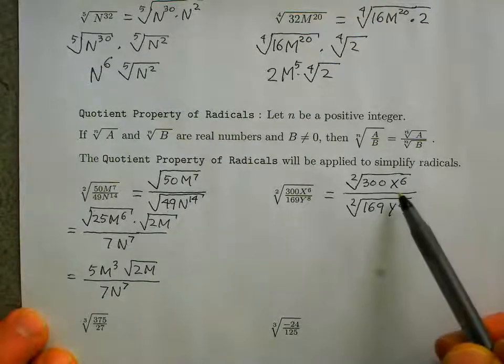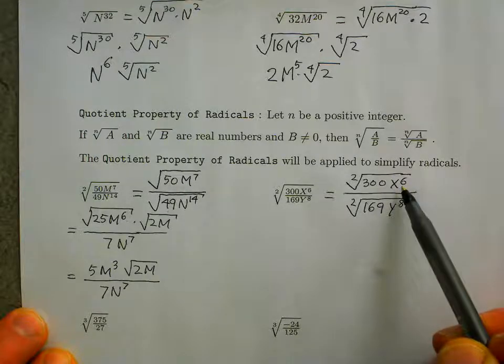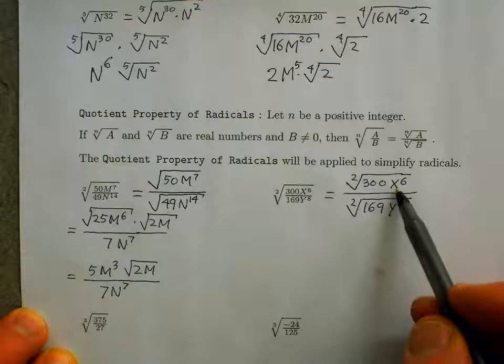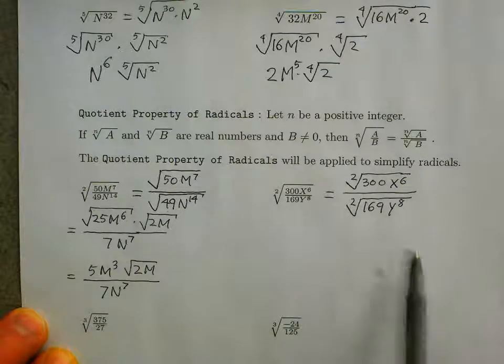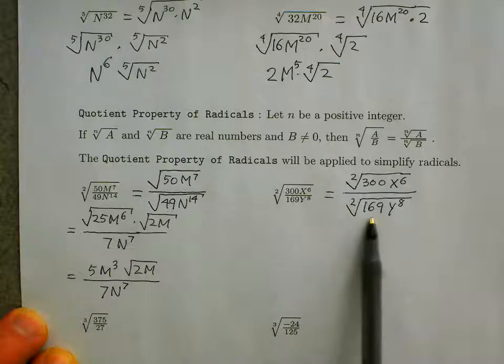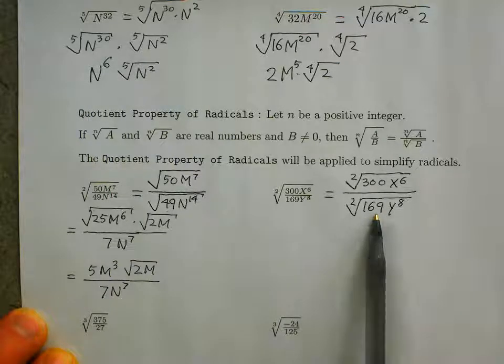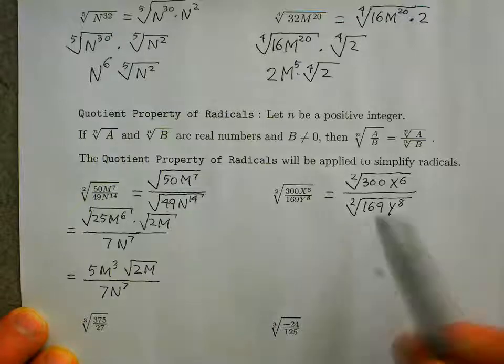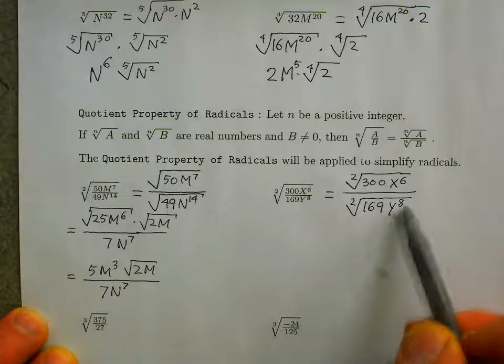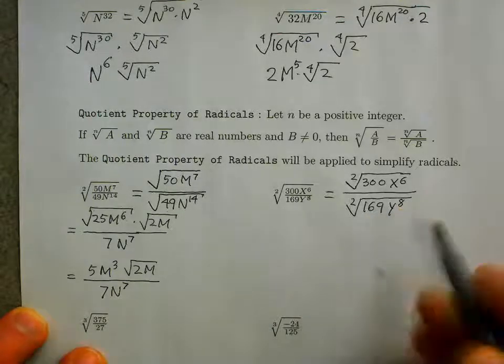The largest factor of x to the 6th that is a perfect square: x to the 6th is a perfect square because the exponent is even. And then the denominator, the largest factor of 169 that's a perfect square: 169 is already a perfect square. y to the 8th is already a perfect square.